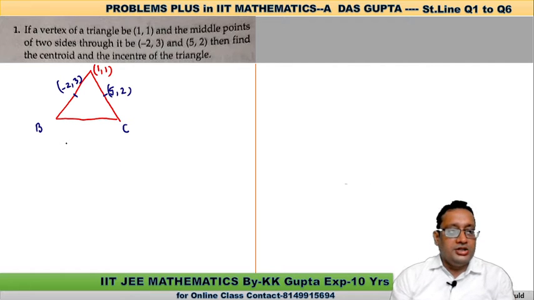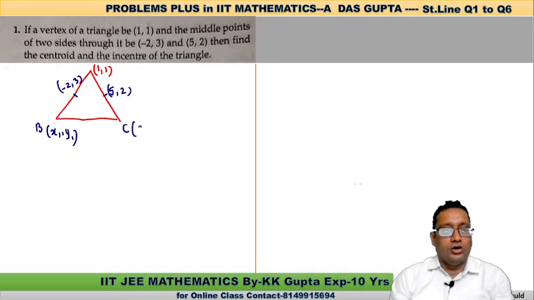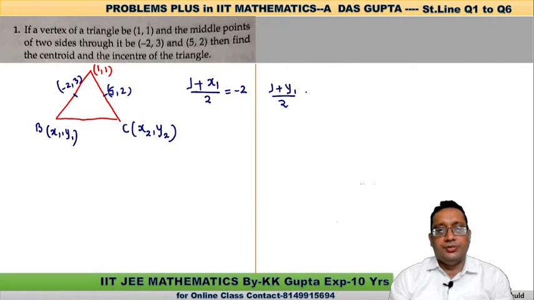So first of all, let's consider B as (x1, y1) and C as (x2, y2). The formula of the midpoint: (1 plus x1) divided by 2 becomes -2, and (1 plus y1) divided by 2 becomes 3.